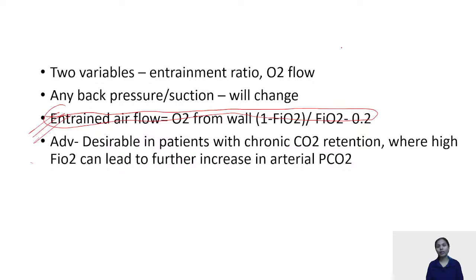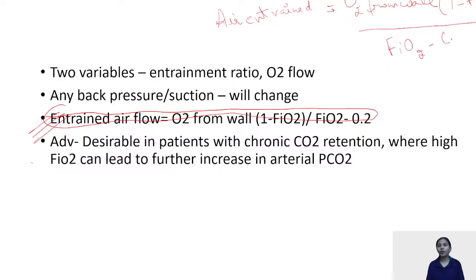The formula states: air entrained equals oxygen from the wall, how much oxygen is coming from the flow meter, times (1 minus the desired FiO2) upon (FiO2 minus 0.2). So this is the formula for seeing how much air can be entrained.